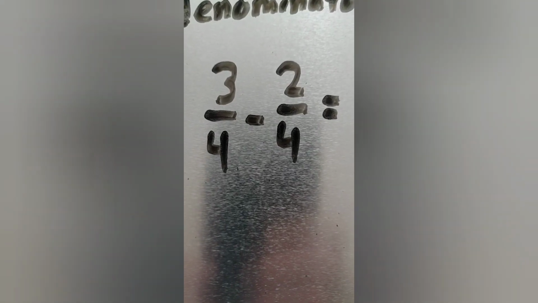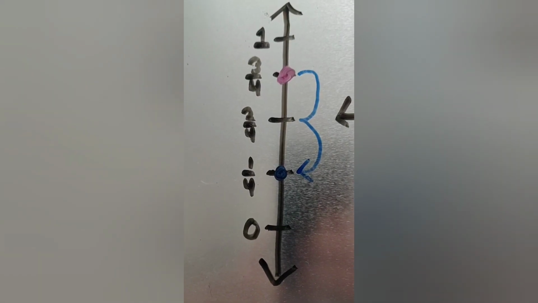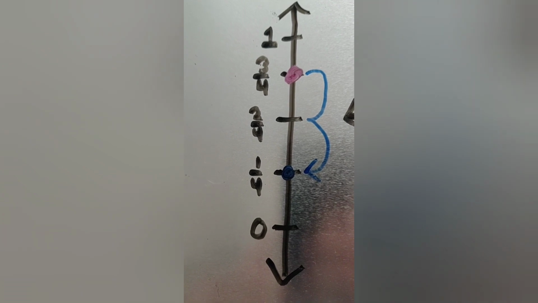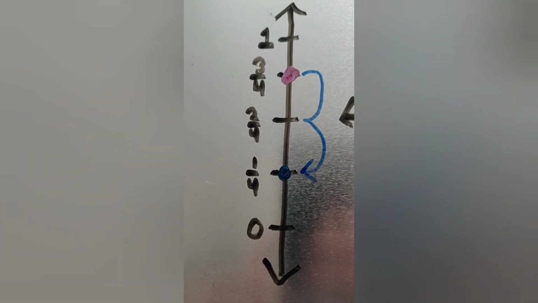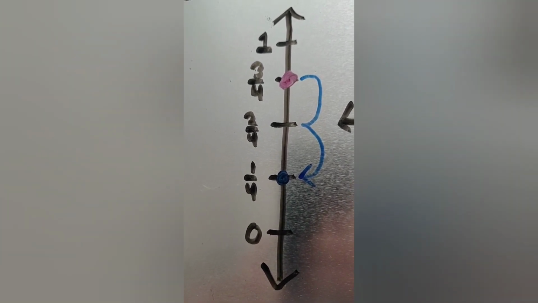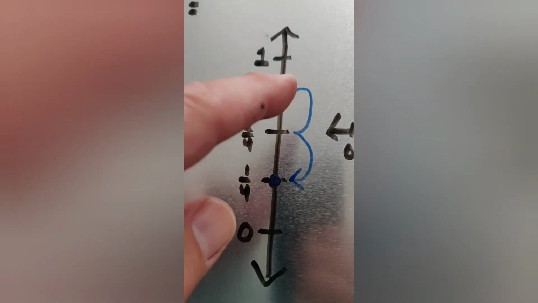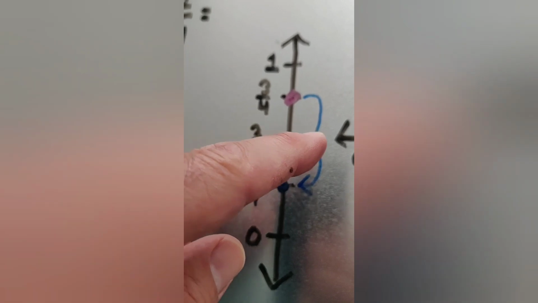And now we're subtracting 2/4. So that means we're going down in value or decreasing in value by 2/4. So notice on this number line, when we started with 3/4 and we decreased in value by 2/4, we decreased 1/4 there, and another 1/4 there.